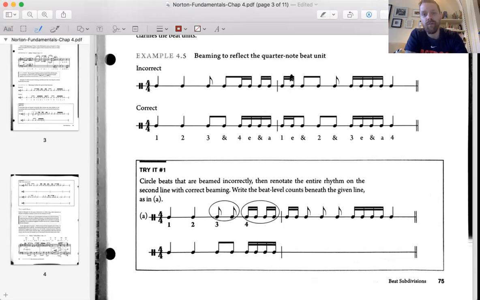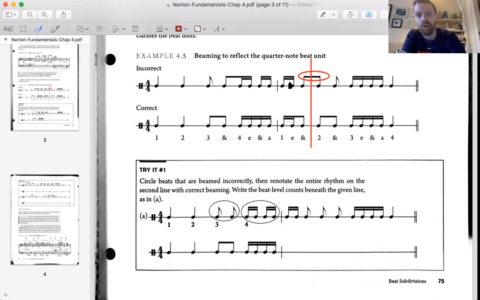The problem, of course, is that this beam happens where? Across beat 1. So beat 1 ends here, and beat 2 begins here. And this beam is going across that threshold between beat 1 and beat 2.